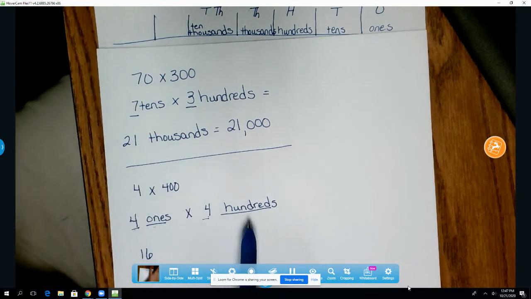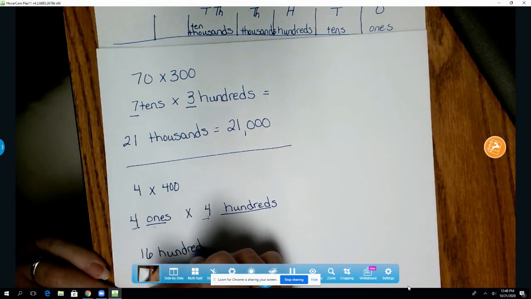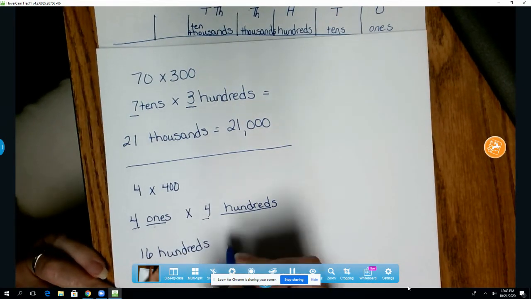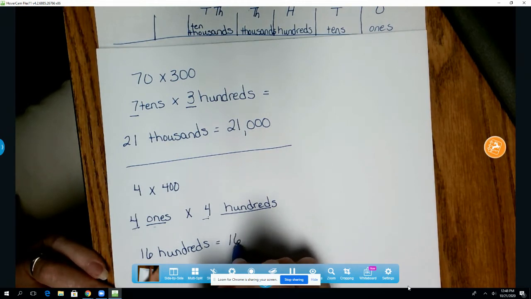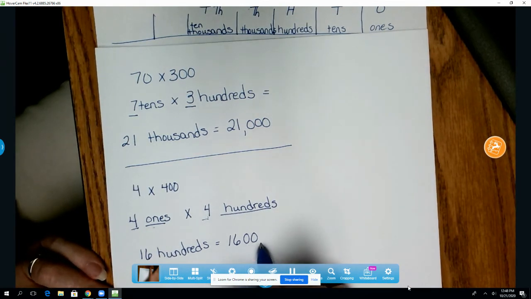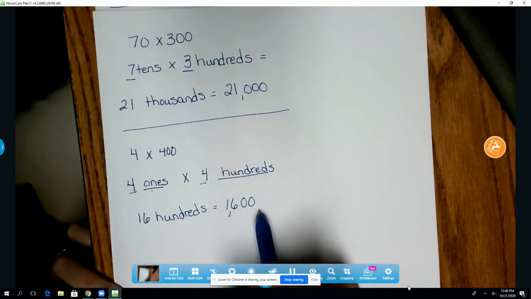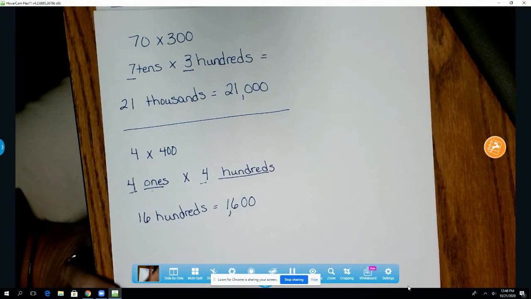Ones times hundreds, just like if I were to say 1 times 100, that would be 100, right? So we're looking at hundreds. 16 hundreds. So we have 1,600 in standard form. Hope this helps.